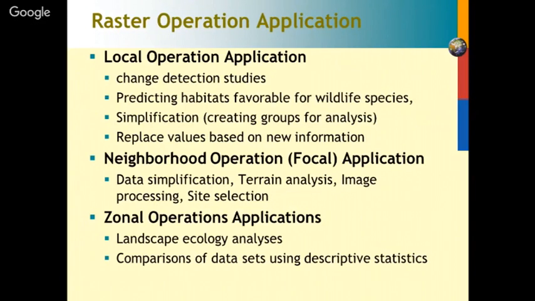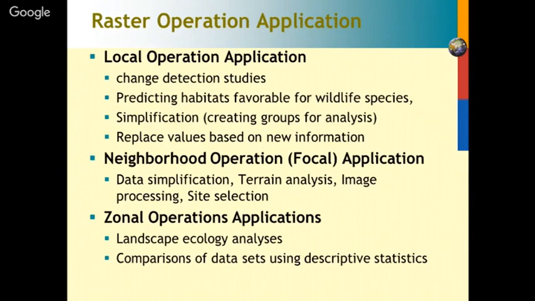In image processing, it's widely used, especially the different kinds of filters, like statistical filters. This is one of the applications of neighborhood operations. Site selection is also an area where neighborhood operations can be used. The zonal operations are specifically used in landscape ecological analysis, habitat analysis, and similar studies that require a zonal operation.